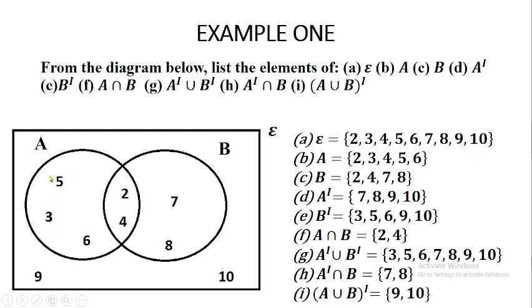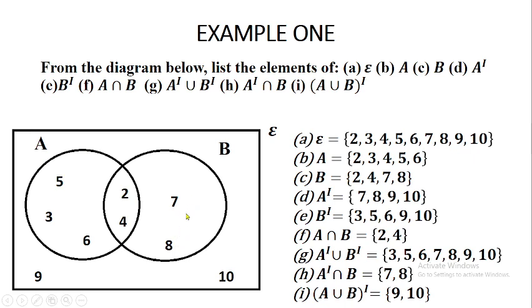But this element here belongs to A and B. This element here belongs to A only. This element here belongs to B only. So if we want A only, we remove whatever we have in common from A. That will give us A only.